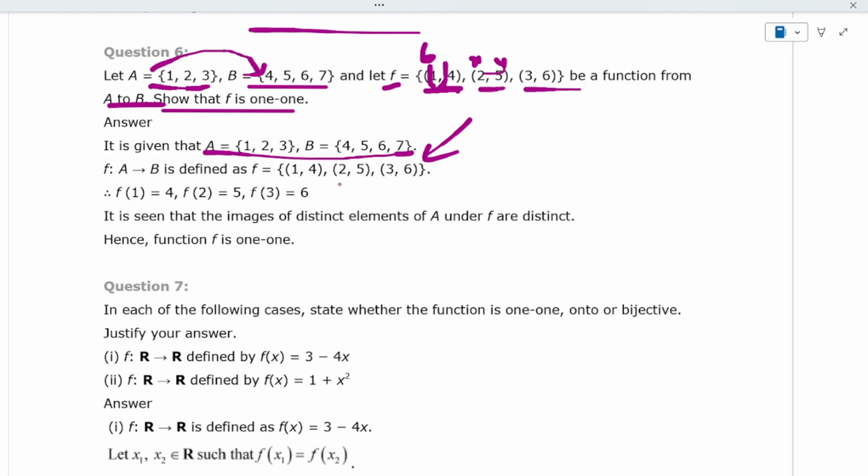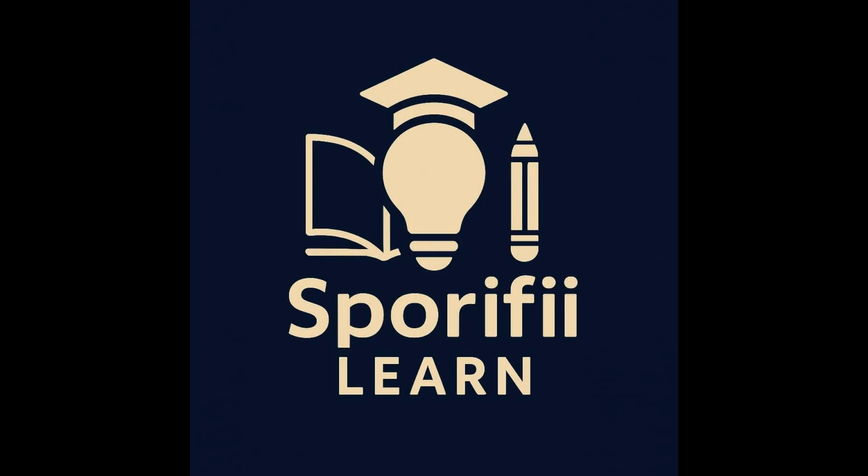F of 2 is 5, f of 3 is 6, they have given, and it is seen that the images are also distinct, and the elements of A are also distinct. So we say that it is 1-1.